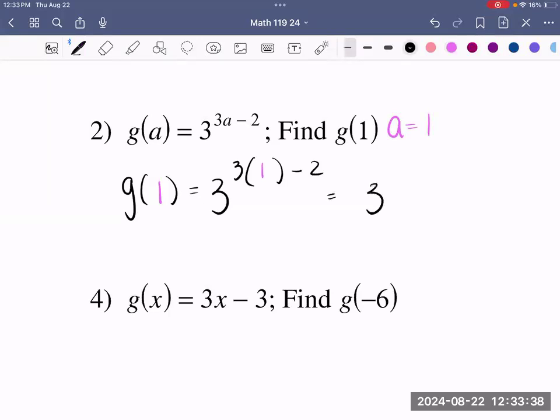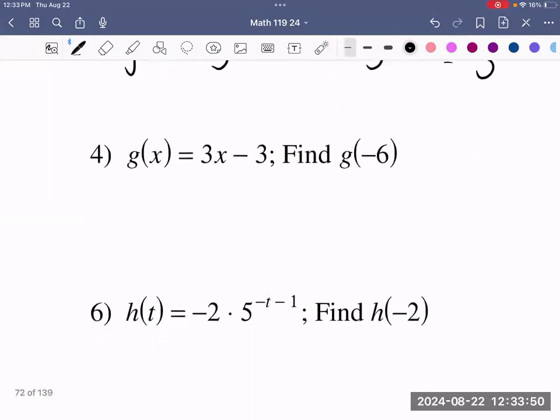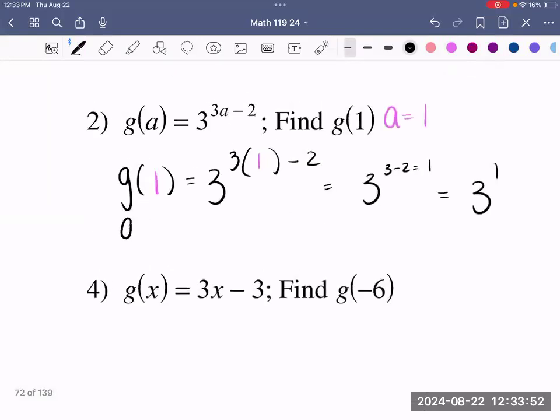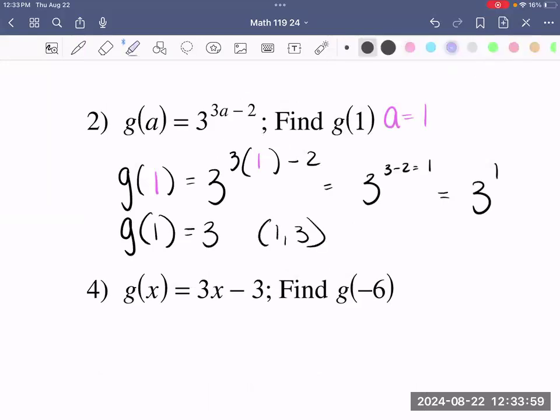So we have 3 to the 3 minus 2, which is equal to 1. So we just have 3 to the first power. And that's not how you write your answer. You have g of 1 is equal to 3, or 1 comma 3.